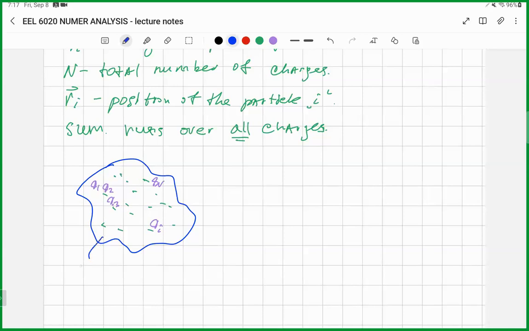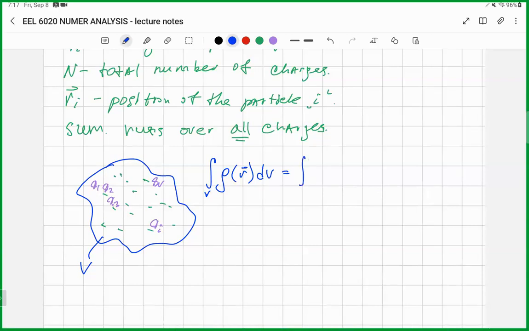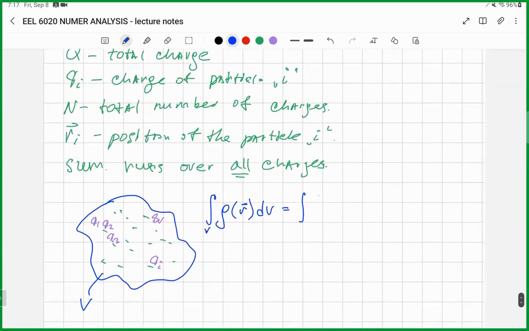This body has volume V, and if I integrate the charge density function over dV over the entire volume, I can substitute for rho the formula above: the sum from 1 to n of Qi delta r minus ri, dV.